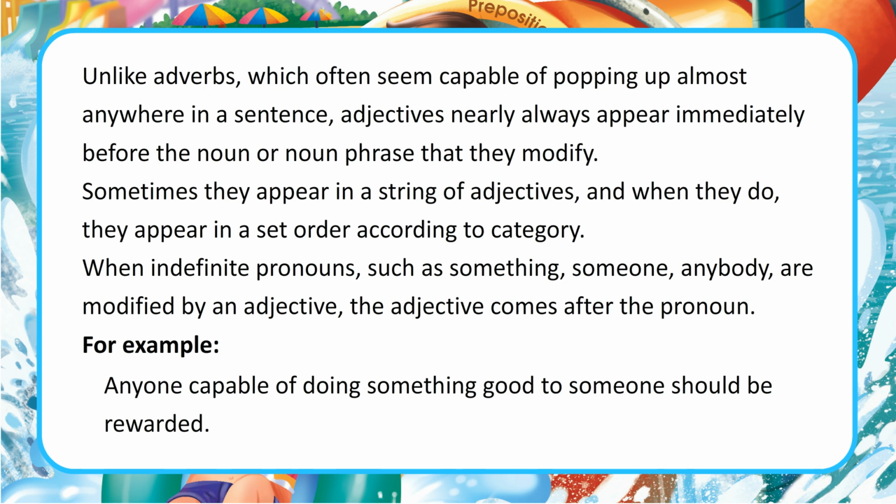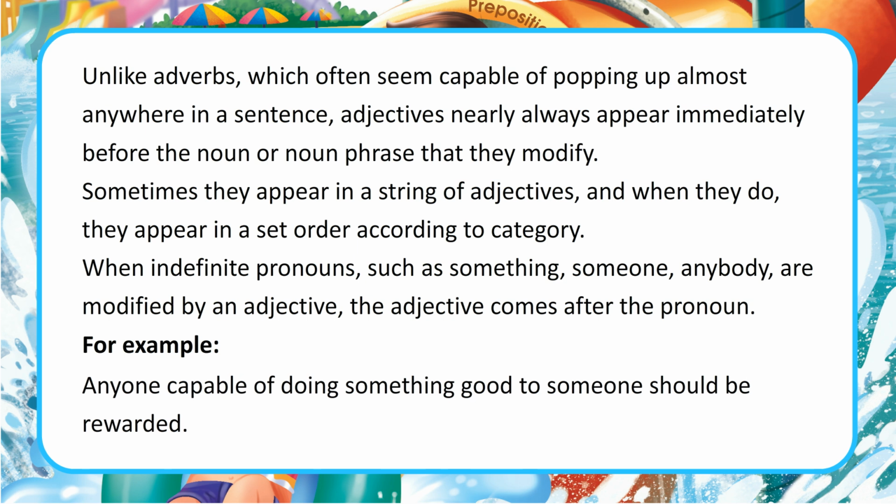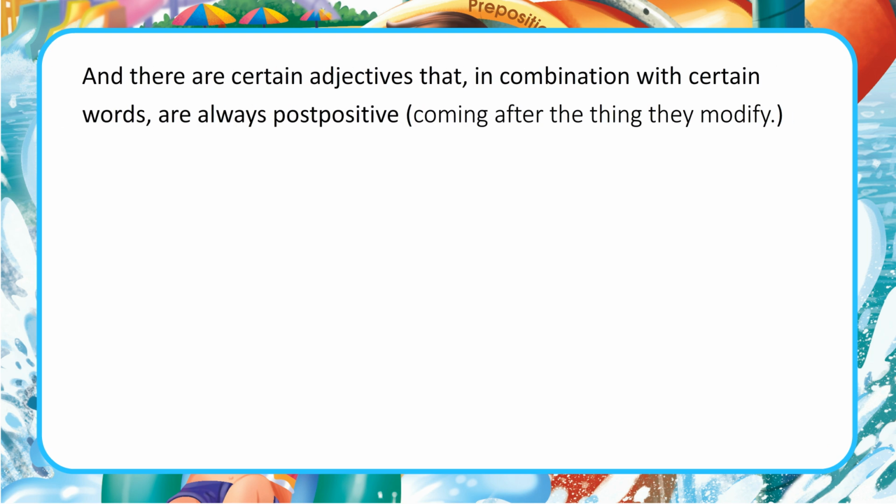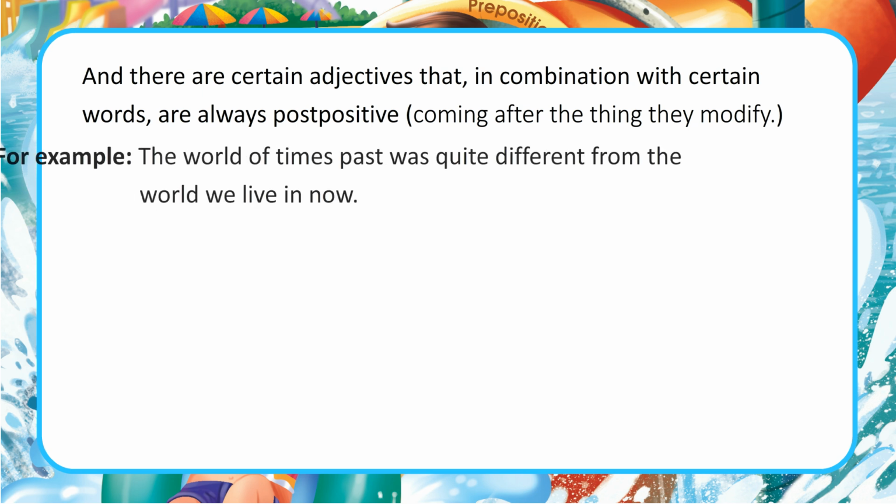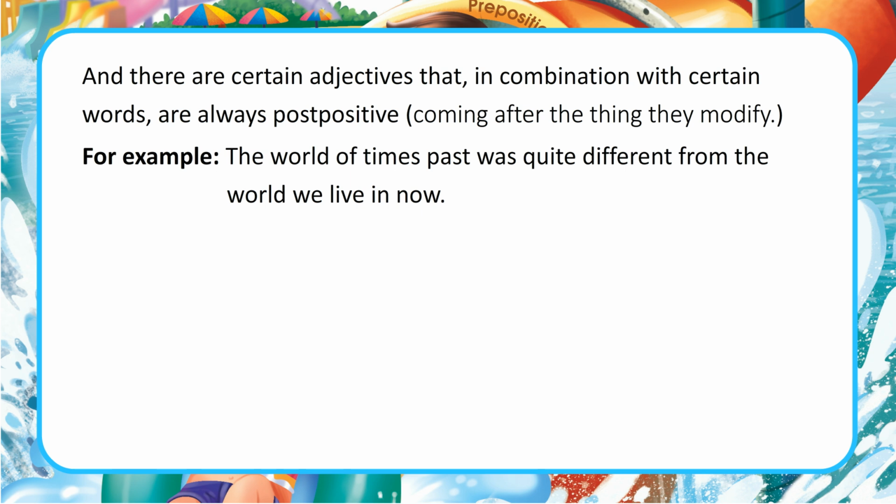For example, anyone capable of doing something good to someone should be rewarded. And there are certain adjectives that, in combination with certain words, are always post-positive, coming after the thing they modify. For example, the world of times past was quite different from the world we live in now.